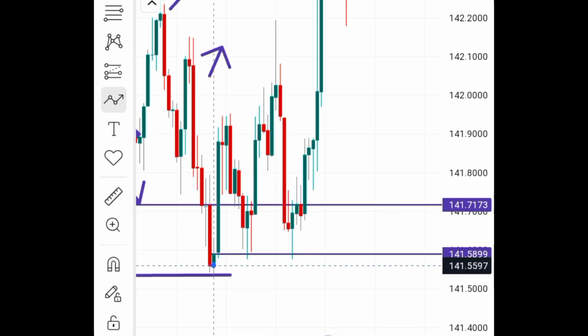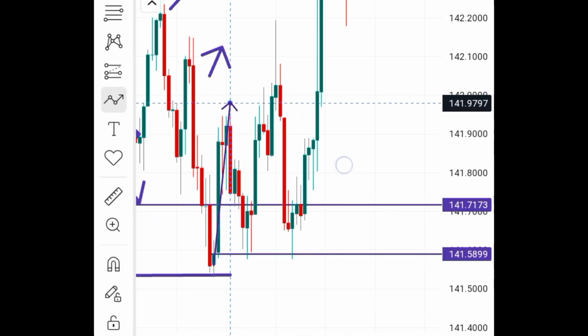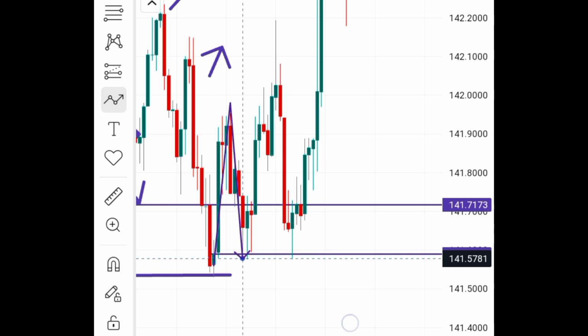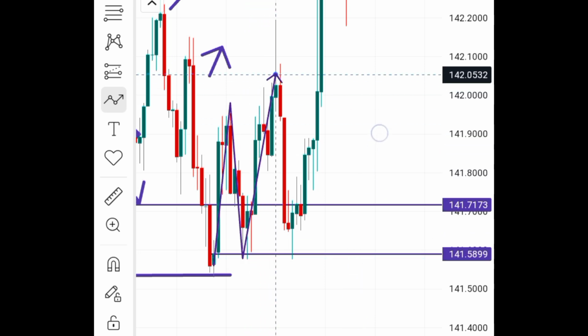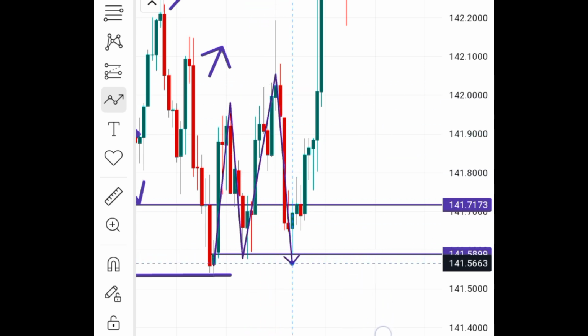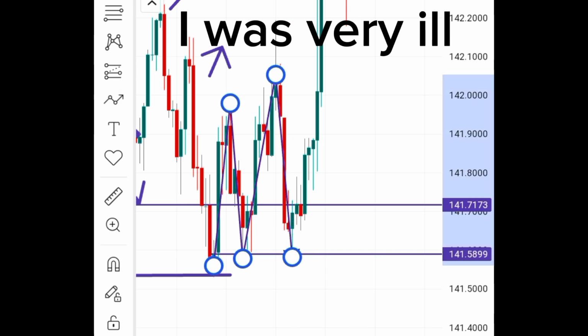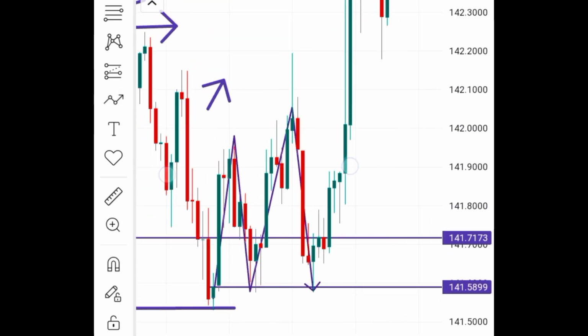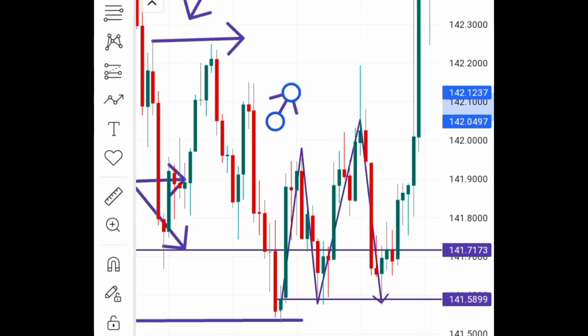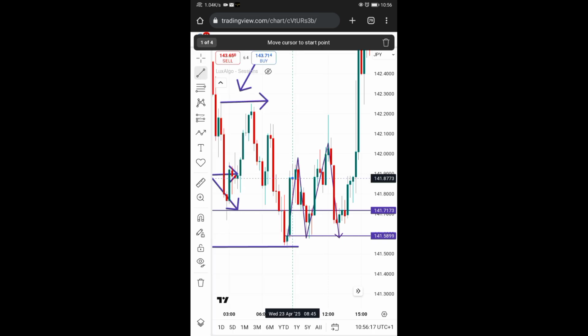This was my drawing. I was expecting it to take out this zone and come into a retest for a buy, and that was what happened. The market came in, took this out and came in for a buy.